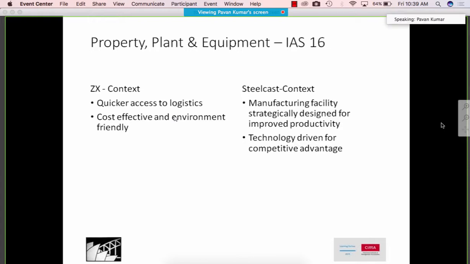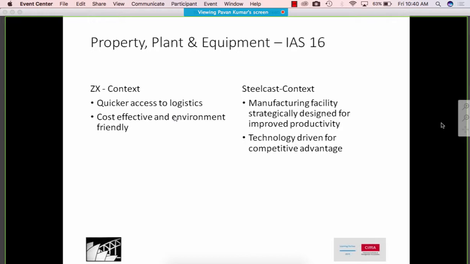Now, how is it relevant to IAS 16? Is this driving the price, or is this determining the value of the property, plant and equipment when you are going for a revaluation exercise? Because if you look at the statement of financial position given on page number 19 of your case study, the property, plant and equipment has increased in value by about 2.7 million.